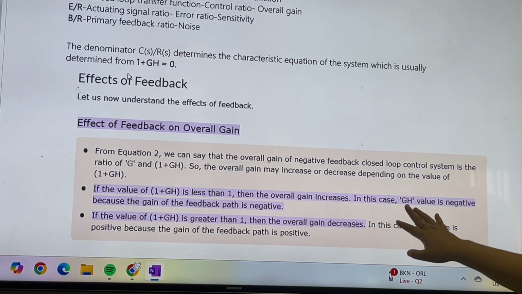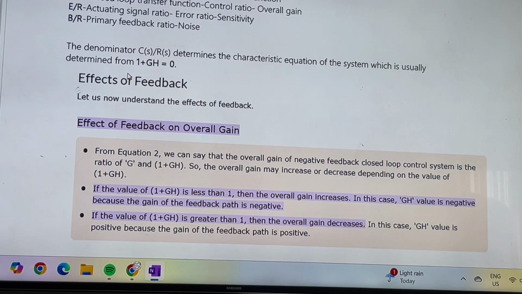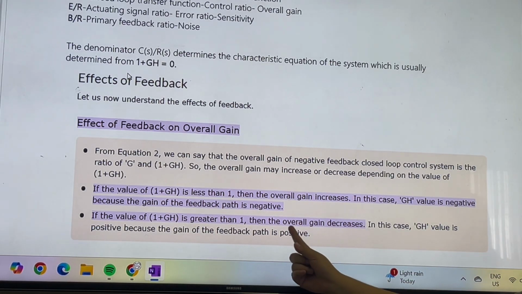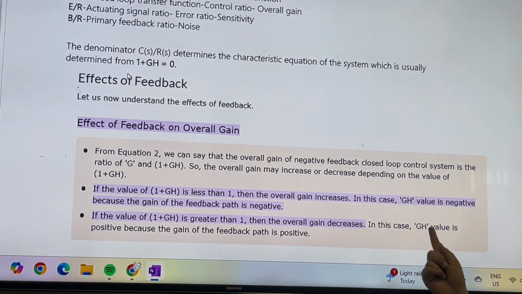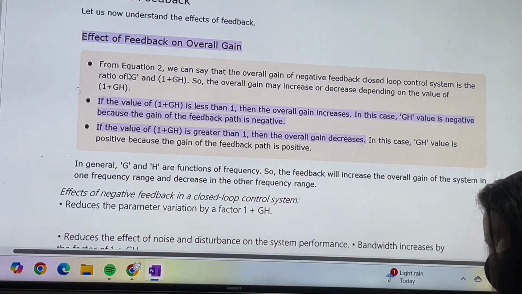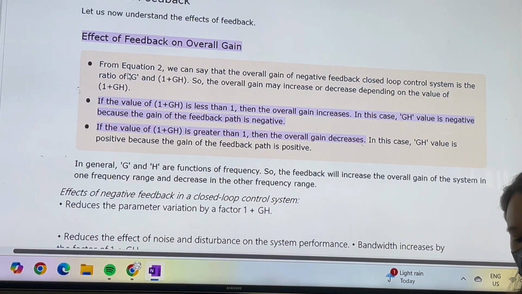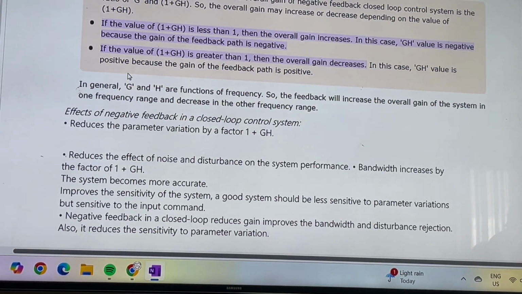Now, in this case, GH value is negative because the gain feedback path is negative. That's the condition. Now, if it is greater than 1, thus decreases our overall gain, then GH value is positive because the gain feedback path is positive. So in general, G and H are functions of frequency.